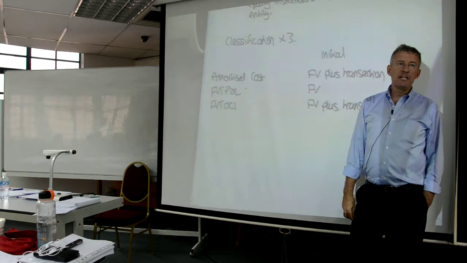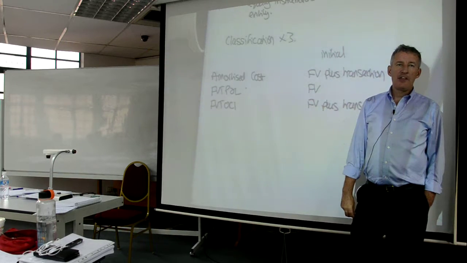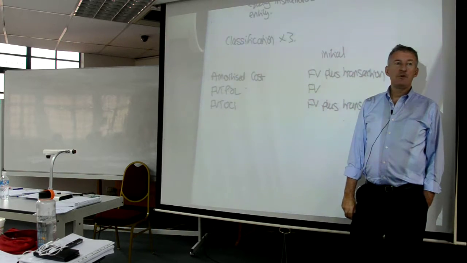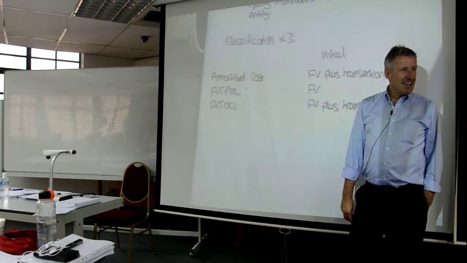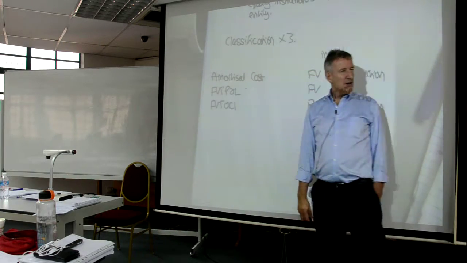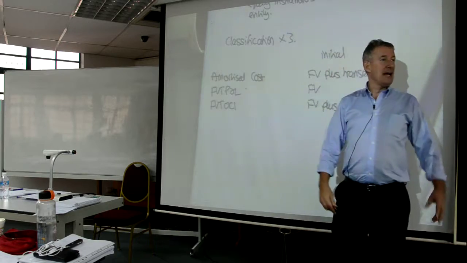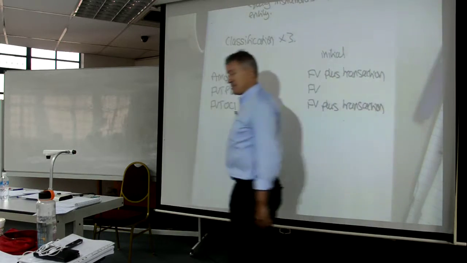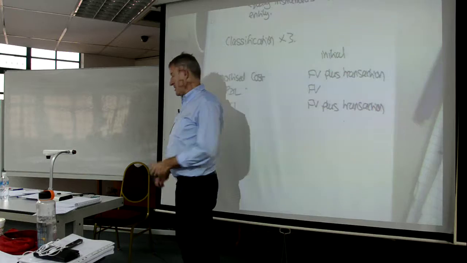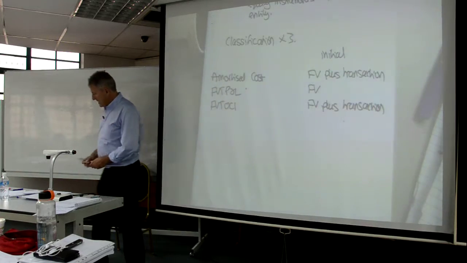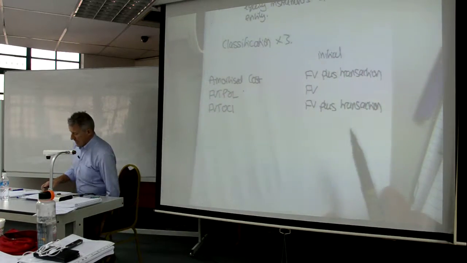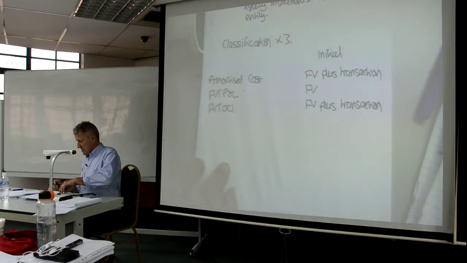I don't think there's an easy way around this. I think I'm just going to have to beat you over the head for the next 10 minutes or so, and then we can look up again and see if we can apply it in a particular context. But there's a certain amount of knowledge here that we need to have. So the classification process starts with the cash flow test.